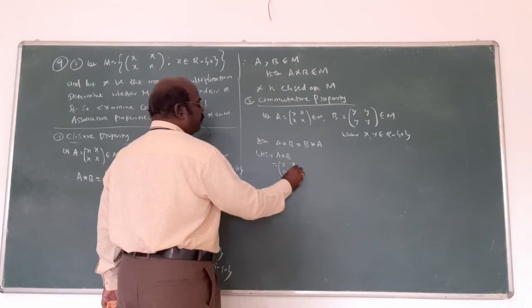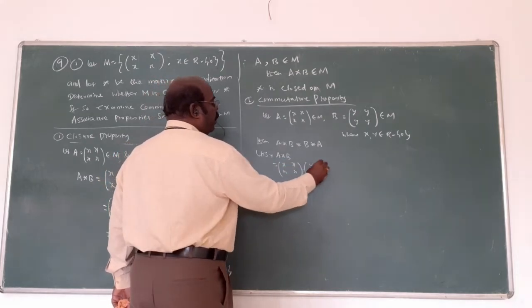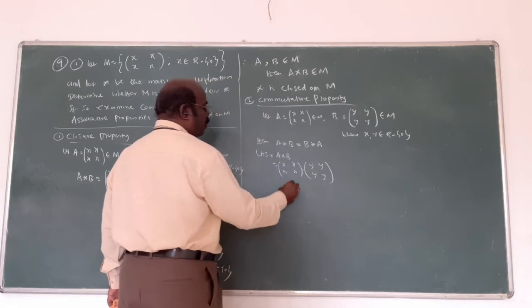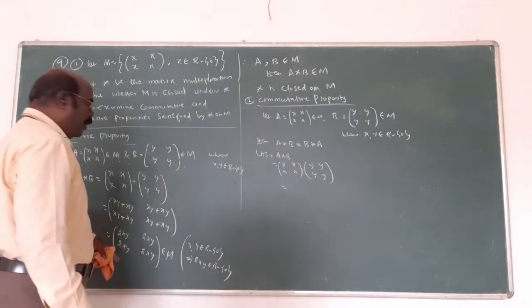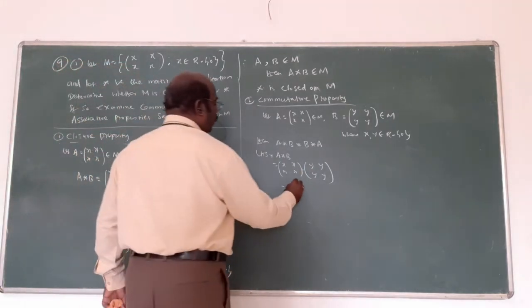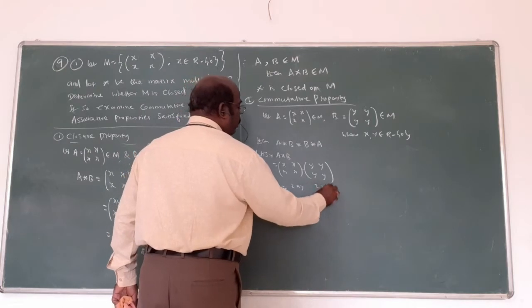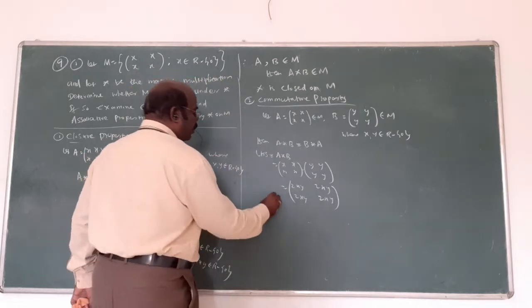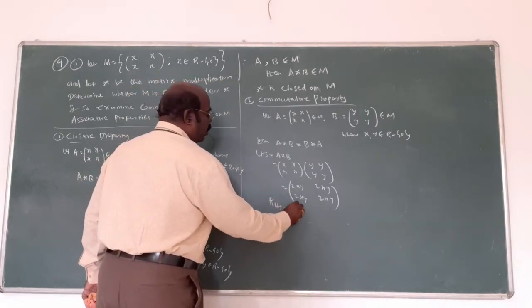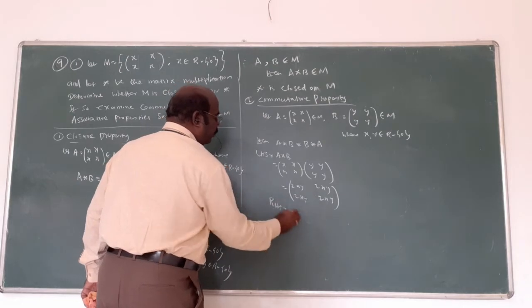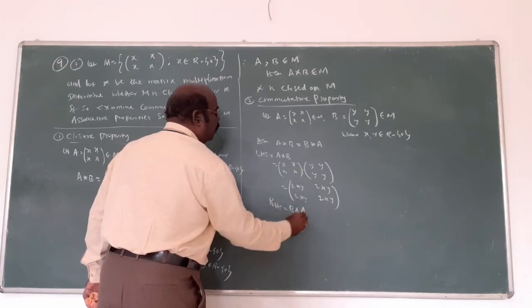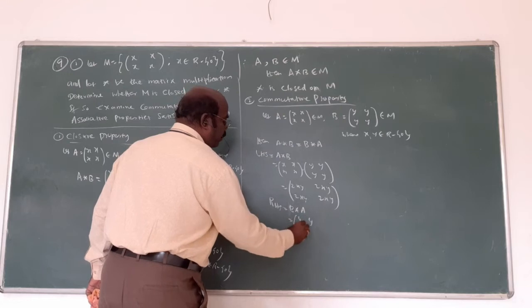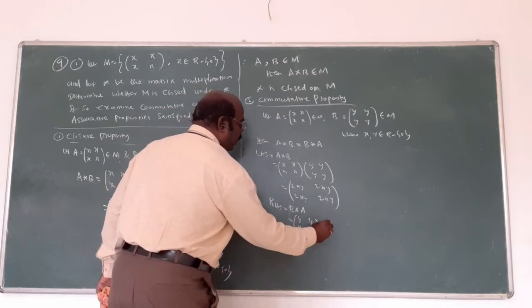X into y, multiply both. That gives 2xy. Am I right? Now start with the RHS. RHS is B star A, with y into x.